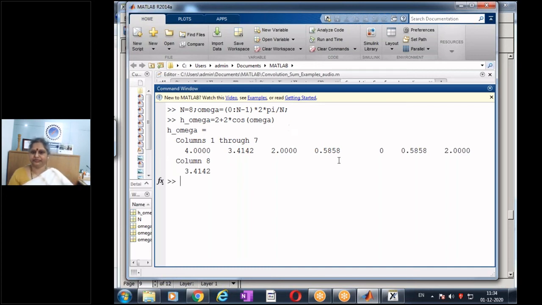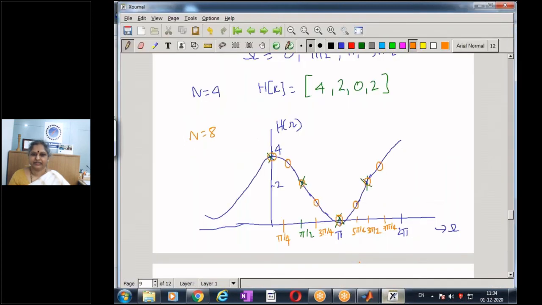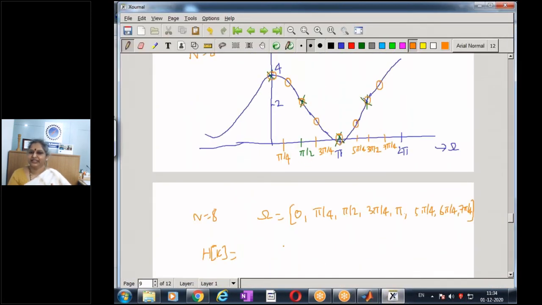So let's write this. Now what we have is, these are my samples of omega. 8 equally spaced samples in the interval 0 to 2 pi gives me omega spacing as pi by 4. And when I take these samples, what I get is 4, then 3.414, then 2, then 0.58, then 0, then 0.58, then 2, and 3.414.